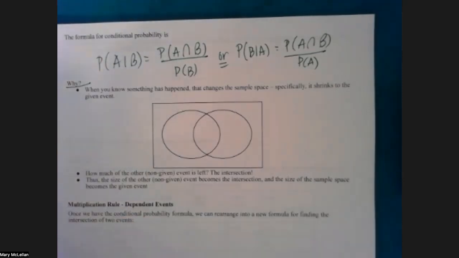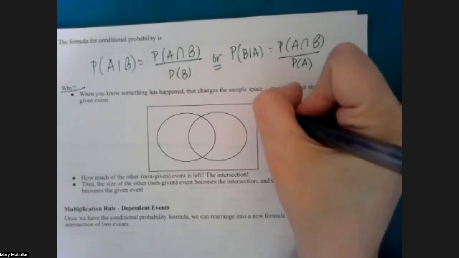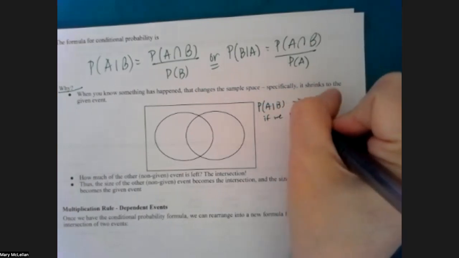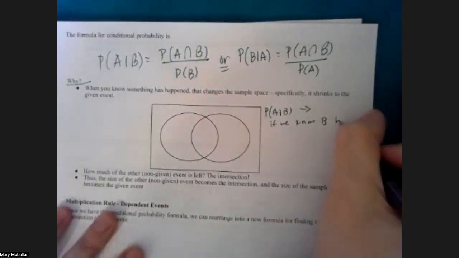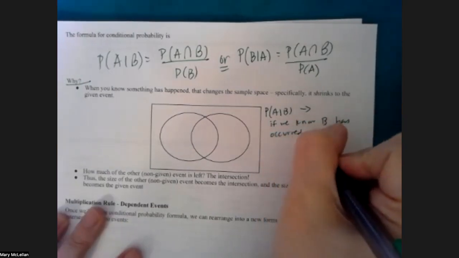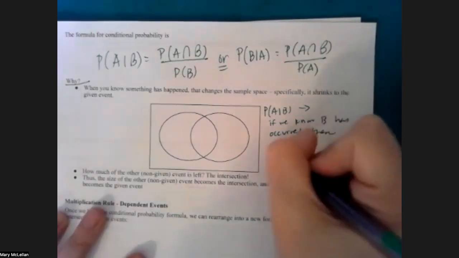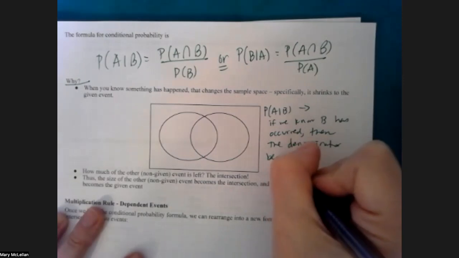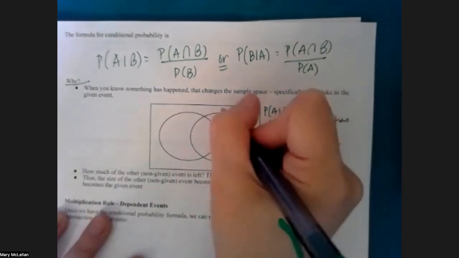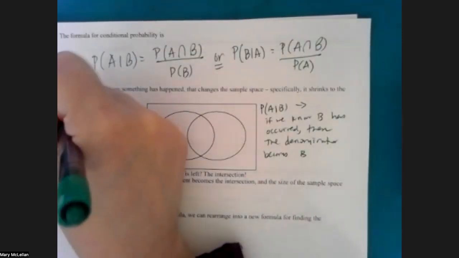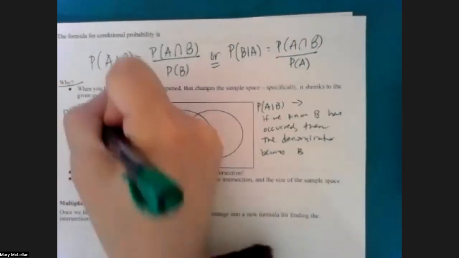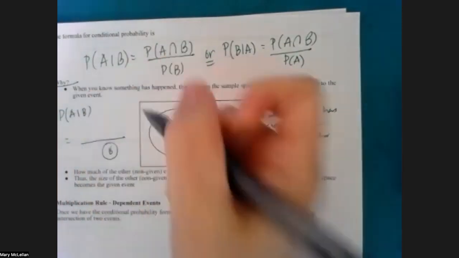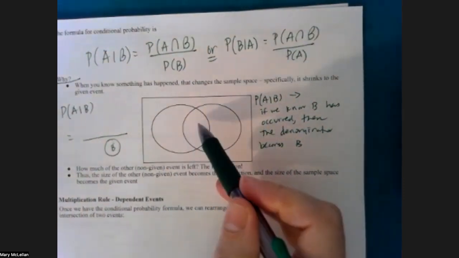So the probability of A given B, well, if we know B has occurred, then the denominator becomes B. So the probability of A given B has a denominator of B, and now I want the probability that A happens.